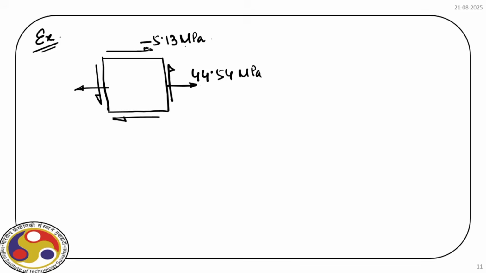Obviously, if it is negative, there will be an opposite direction, but I mean the state of stress is given by 44.54, minus 5.13, then we have this is 0, right?